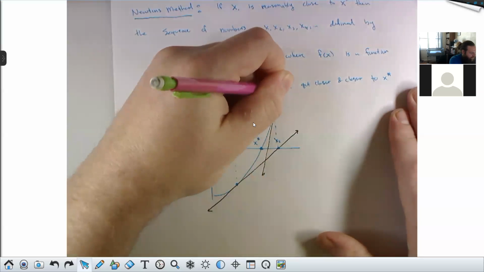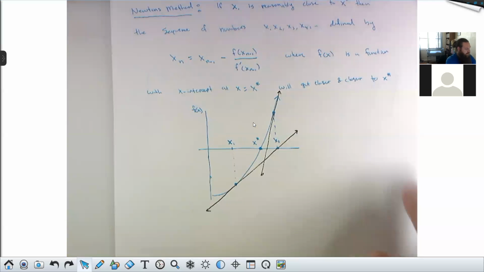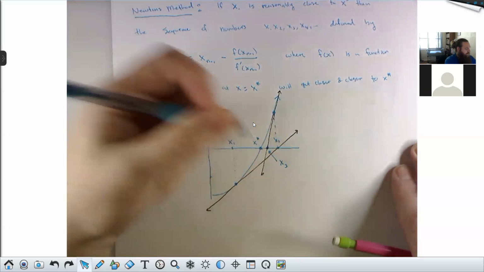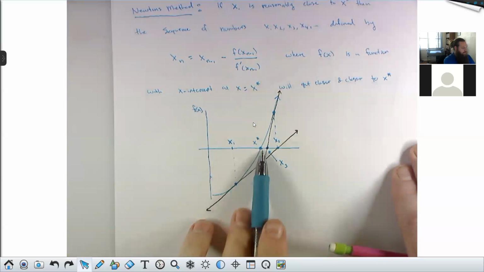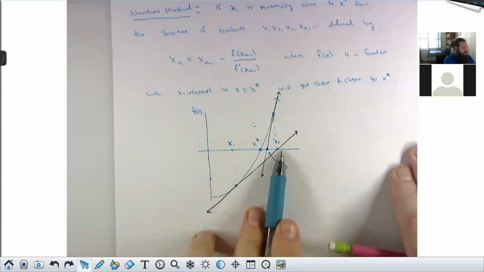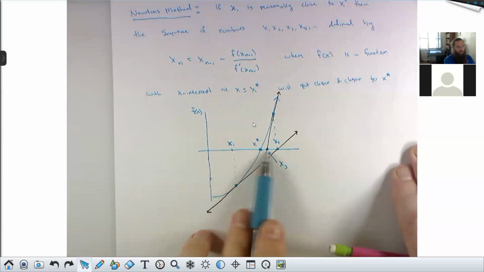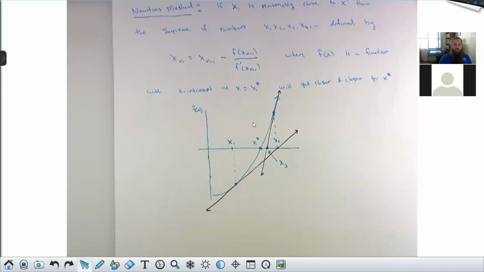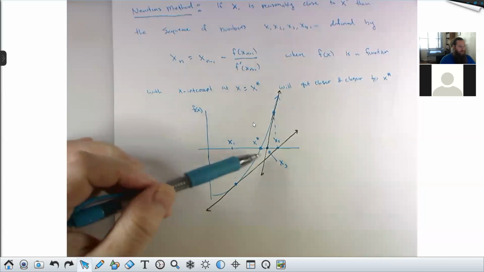And I repeat this process. So the place where this guy hits the x-axis, this would be x3. And you see x1 is far away from x star, x2 is a little bit closer, x3 is much closer still. So this produces a sequence of x values that get closer and closer and closer to x star.